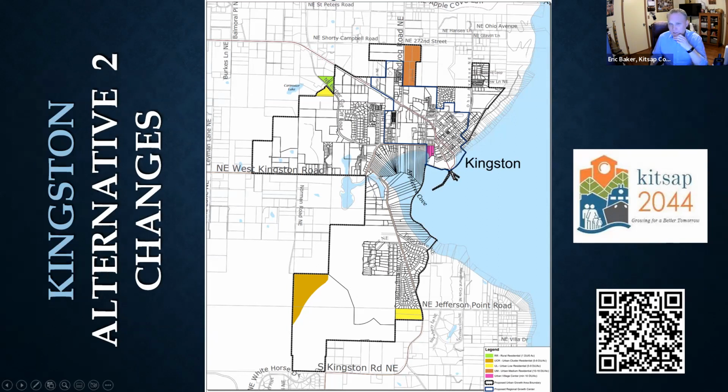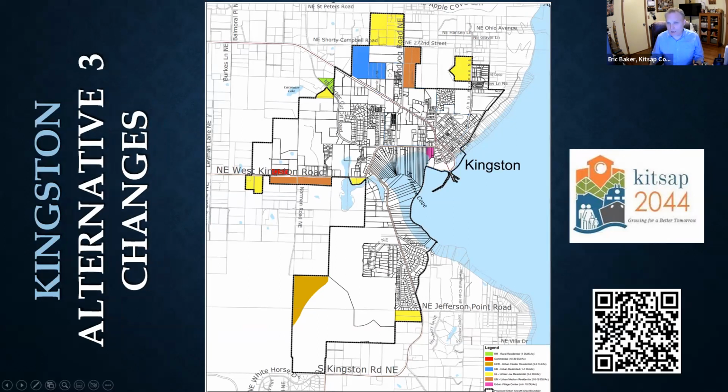It also adds some additional urban village center, which is a mixed use zone, on these port properties located here next to the Port of Kingston. Additionally, we are looking at increasing heights and increasing allowed densities in the commercial area, which is the area around the grocery store and some of the fast food restaurants, for future redevelopment.